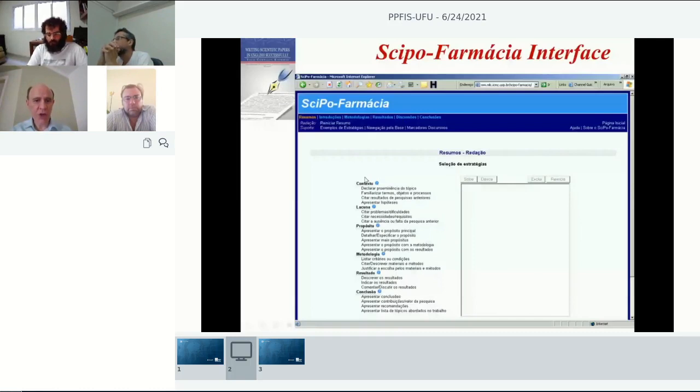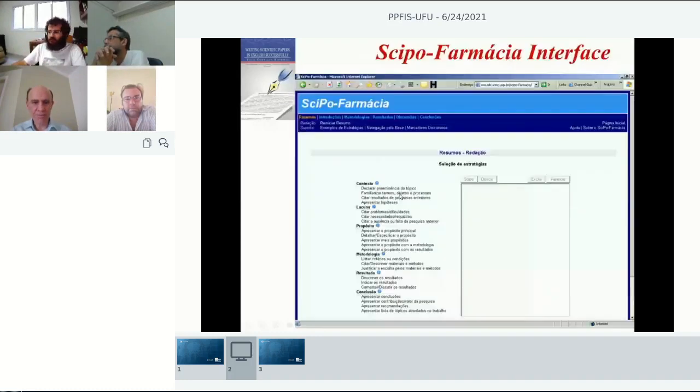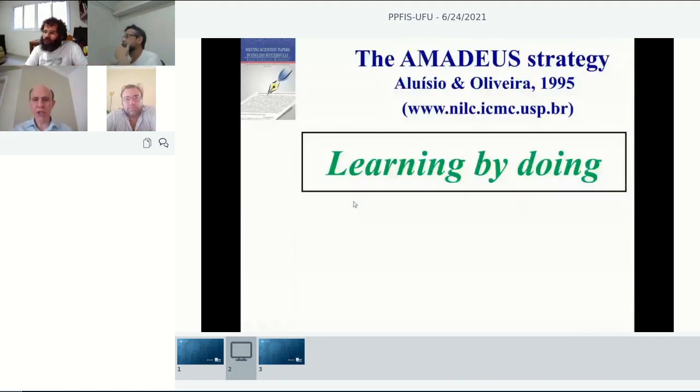So what I'm going to talk about today is called the Amadeus strategy, which is translated into learning by doing. So we want to see how other authors write a manuscript, and then you want to imitate what they do.